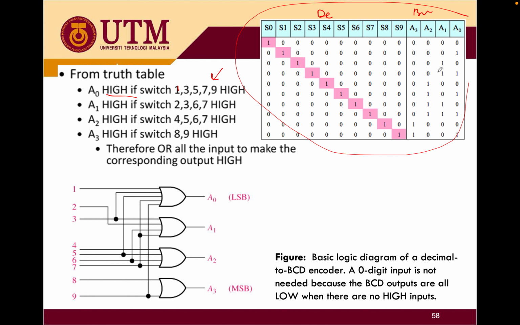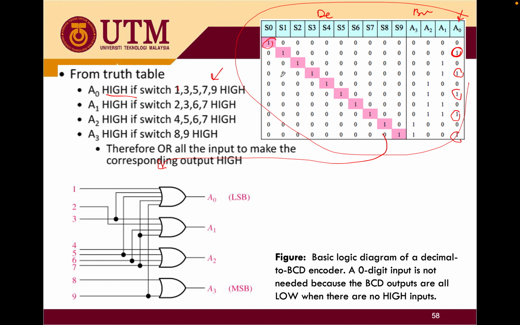Therefore, from all of this, from your truth table, you can draw your circuit like this. When you have an output of 0 as 1, what input do you have? 1, 1, 1, 1, 1 here for the output of 0.